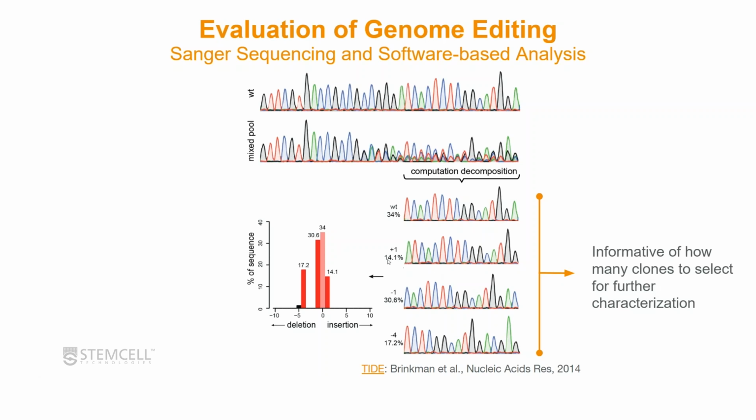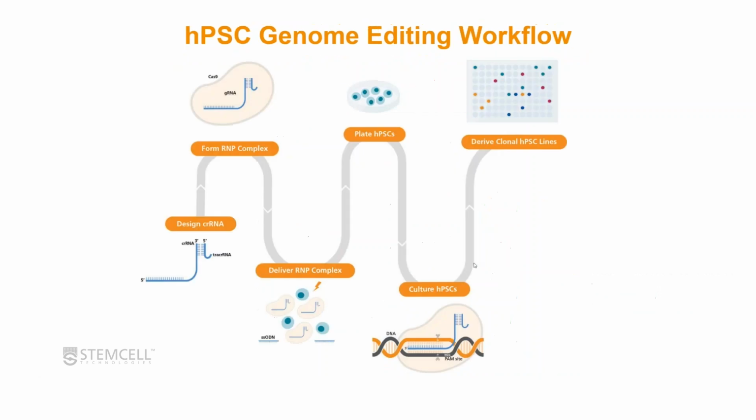For instance, if you wanted a clonal population that contained the +1 edit, then you would know that about 1 in every 10 clones should theoretically have that edit. There have been subsequent studies showing that this method is strongly correlated with next generation sequencing, or targeted next generation sequencing. And so it can be pretty useful in identifying how many clones to select.